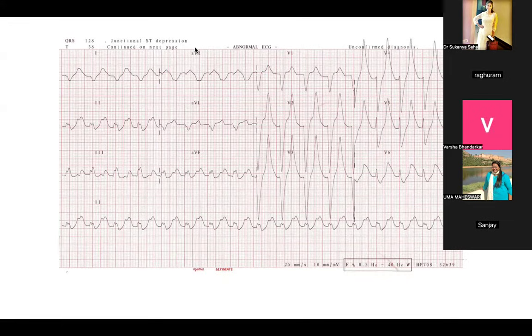If serum calcium is less than 7 milligram per deciliter or decreased by more than 25%. If phosphate is more than 4.5 mg per deciliter or increased by 25%. And last, uric acid more than 8 or increased by more than 25%.